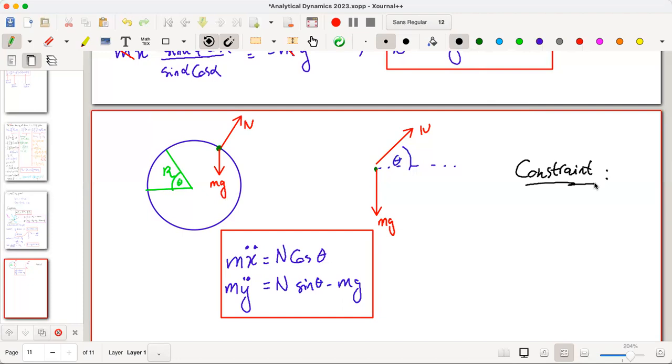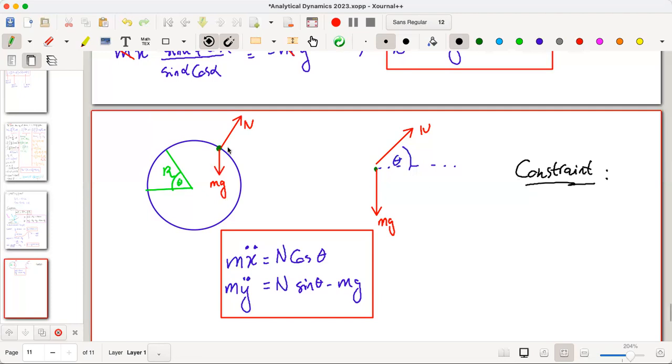Because once you get that, the rest is just technical. You know the formalism, but how to translate the constraint into mathematical form? That's the physics challenge. Sometimes it's easy, sometimes it's very difficult. That's the art of doing physics.